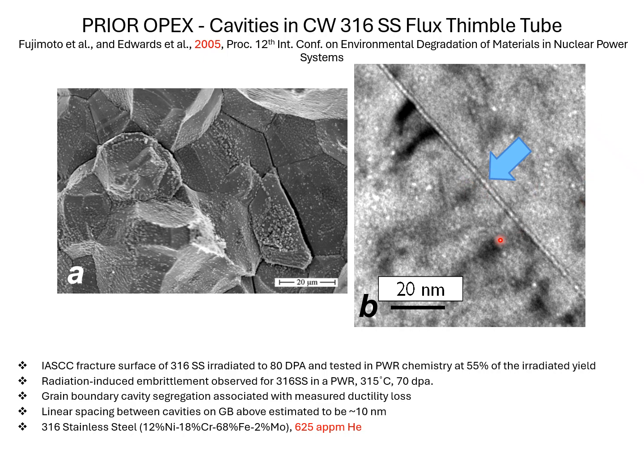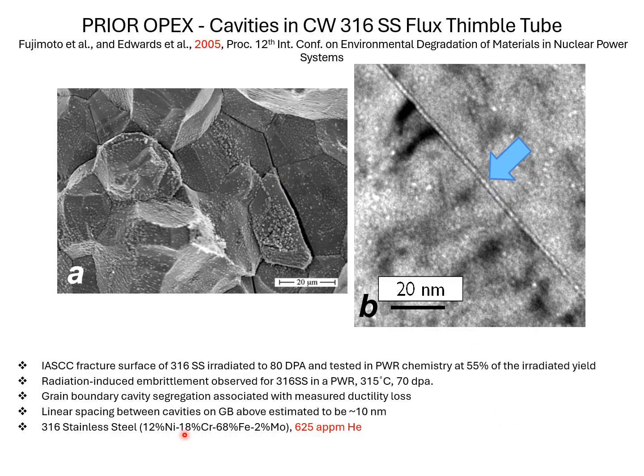But in this case, this is from some work from 2005, Danny Edwards and Fujimoto et al. And this was the first time when bubbles were identified decorating grain boundaries, and that can then be associated with the fracture mode in some of the slow strain rate tests that were applied to these materials.